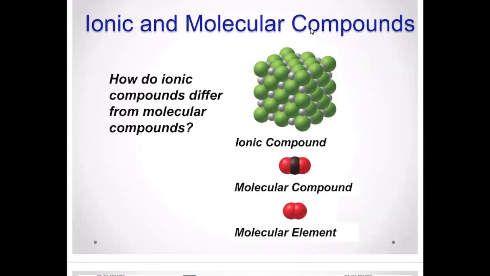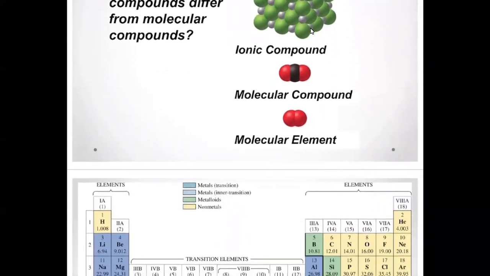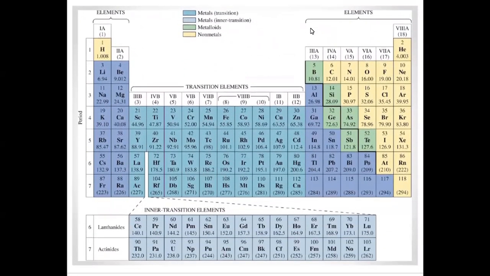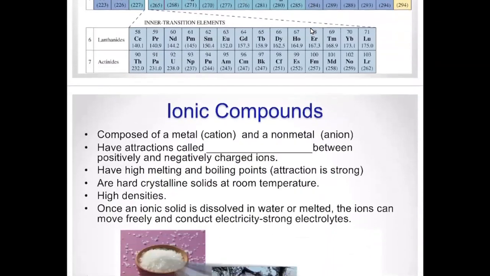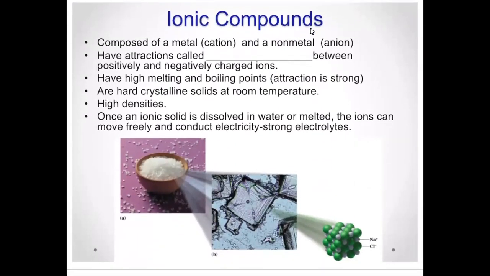Okay, so ionic and molecular compounds. How do they differ from one another? Just to review our periodic table, remember these elements on your left-hand side are your metals, and in this upper right-hand corner are the non-metals, including hydrogen. For ionic compounds, you're going to see that it is composed of ions, so one metal, that is the cation, and one non-metal, which is the anion.